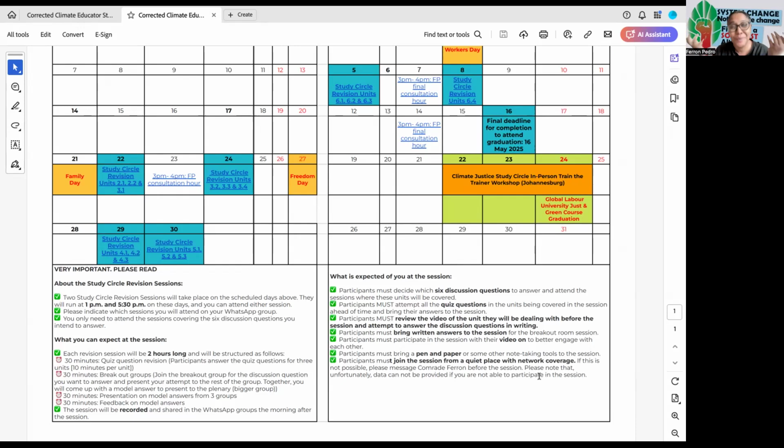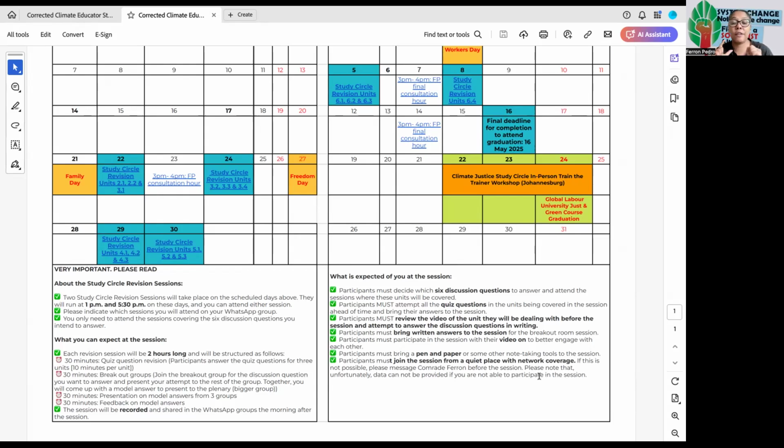So please do make use of the opportunity if you need it. But of course, if you don't need it and you're able to carry on your own, the only requirement is that you complete the course by the 16th of May, because the week after that, the 22nd to the 24th of May, we'll have our in-person training, and on the 24th of May, we'll have our graduation.